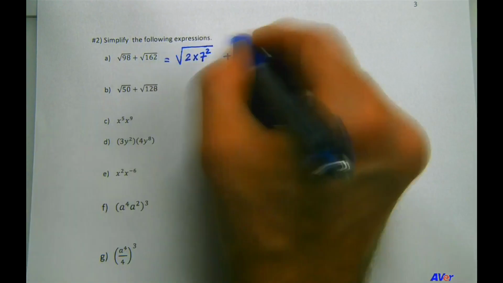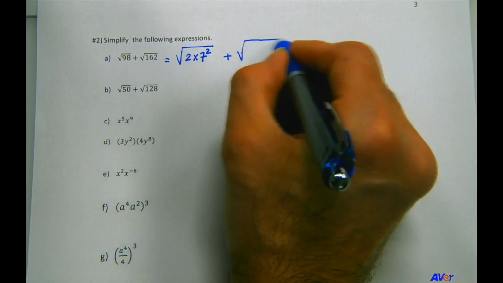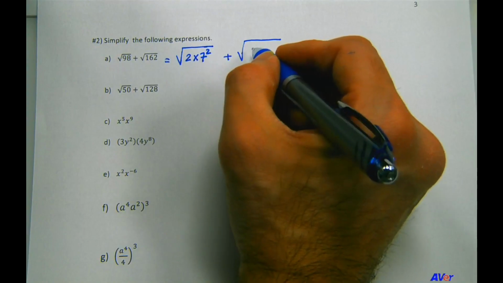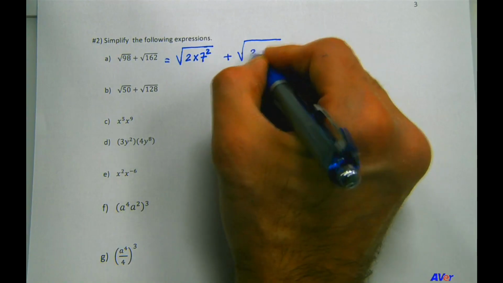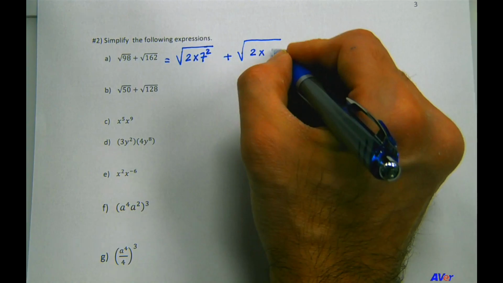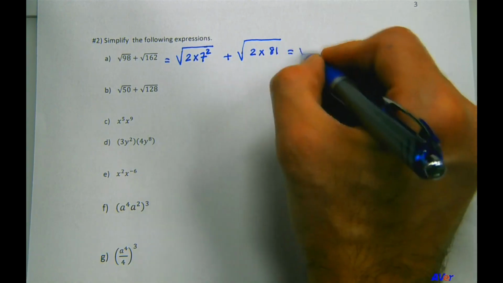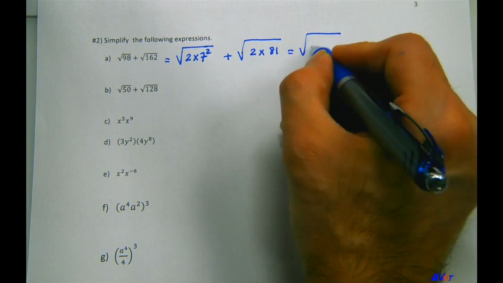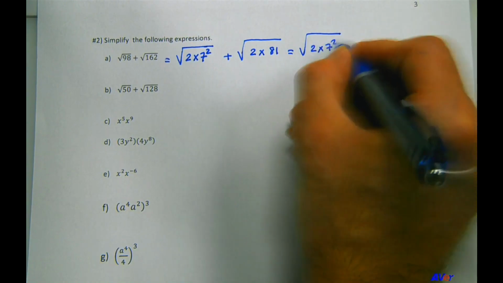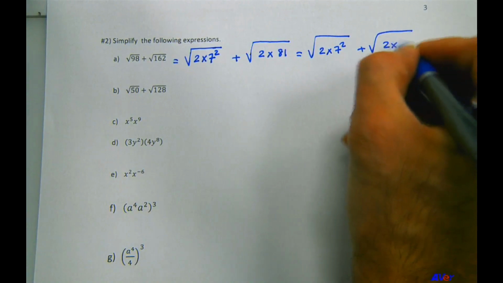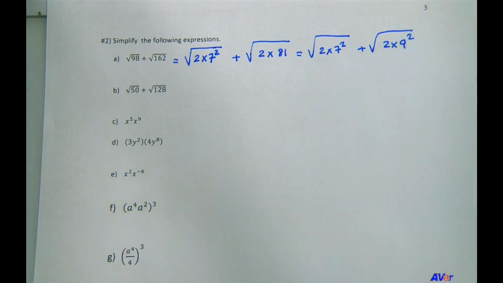This is easier. So 162, we can write that as 2 times 81, or 2 times 7 squared plus square root of 2 times 9 squared.